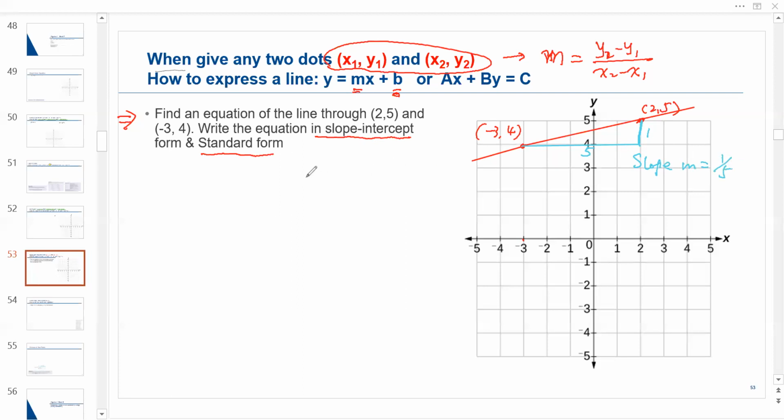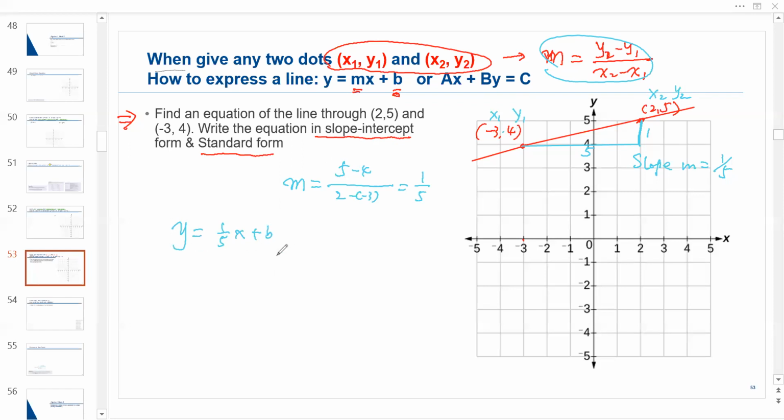Or you can use this formula: these are X1, Y1, X2, Y2. So Y2 minus Y1 is 5 minus 4, and X2 minus X1 is 2 minus -3. So it becomes 1/5.